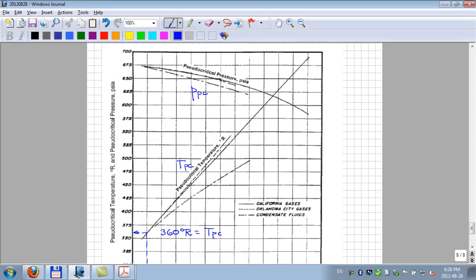And then we've got about 670 psi for the pseudocritical pressure.